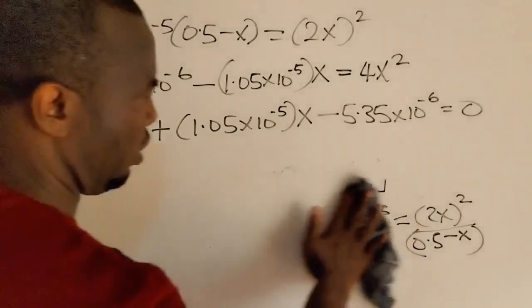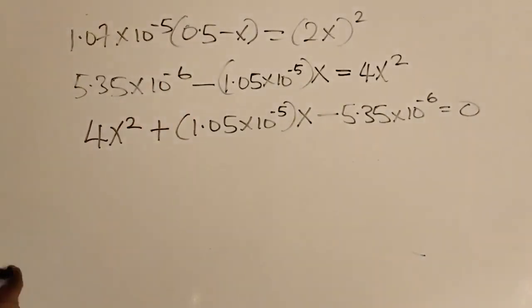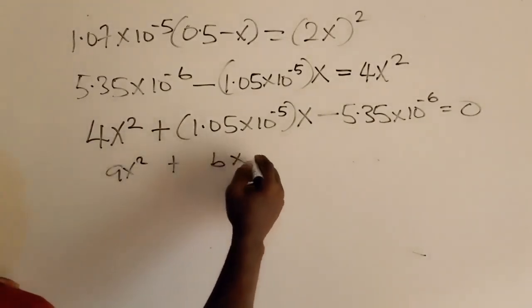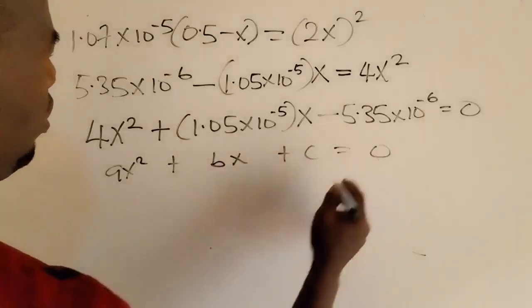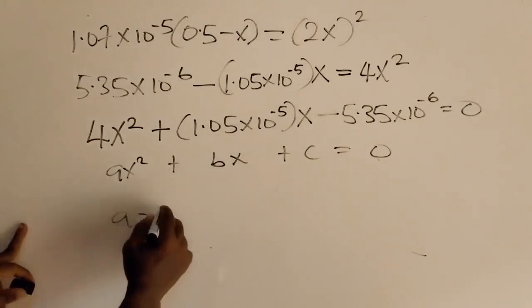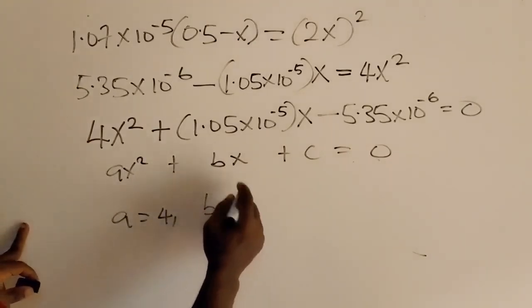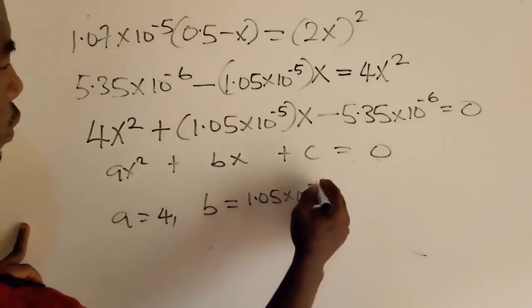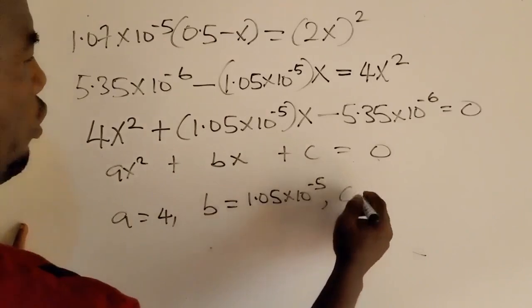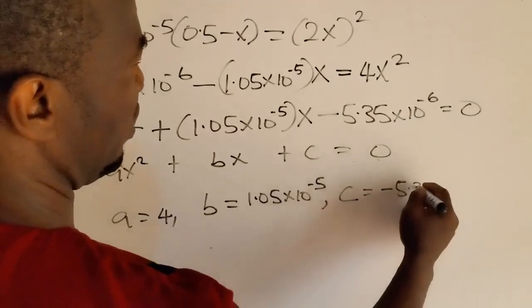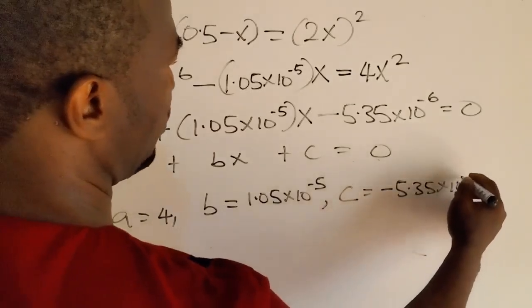Having done that, the general form is AS squared plus BS plus C equal to 0. So the coefficient A here corresponds to 4, B corresponds to 1.07 power minus 5, and C corresponds to minus 5.35 power minus 6.